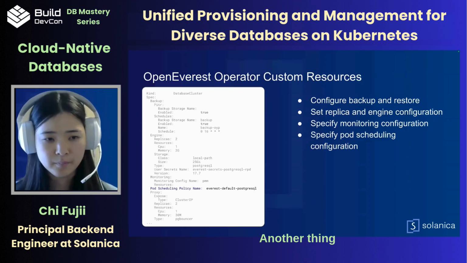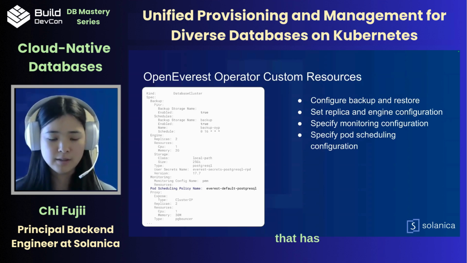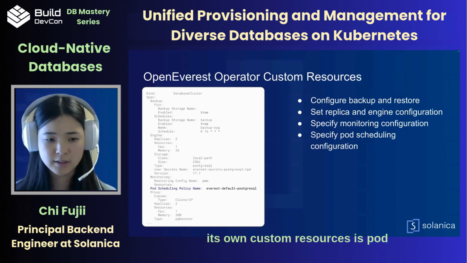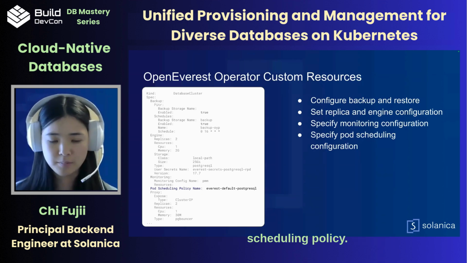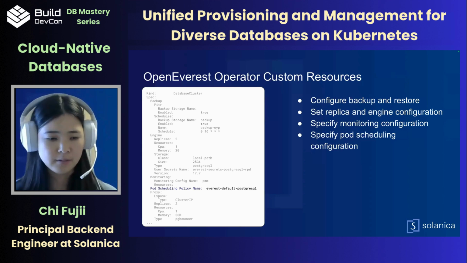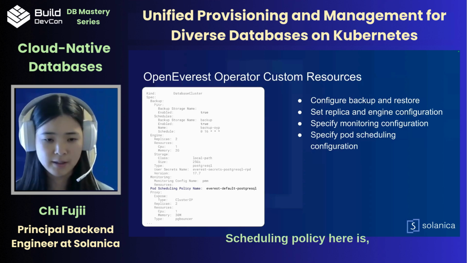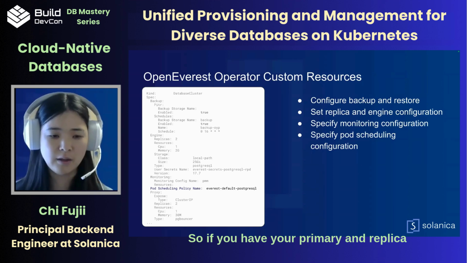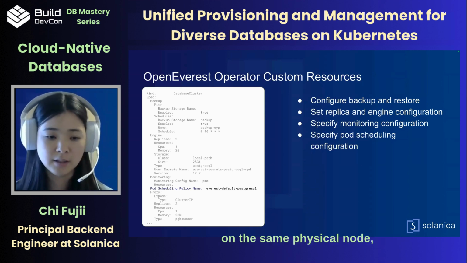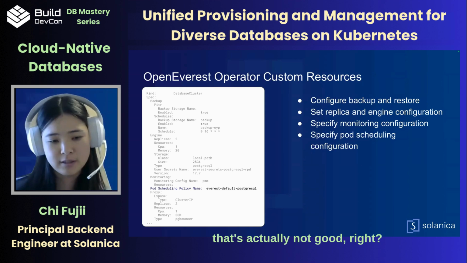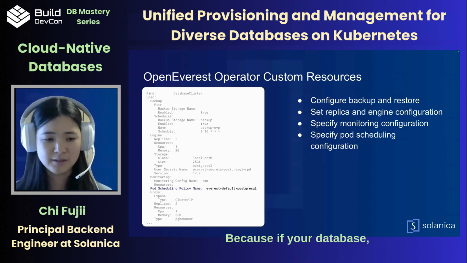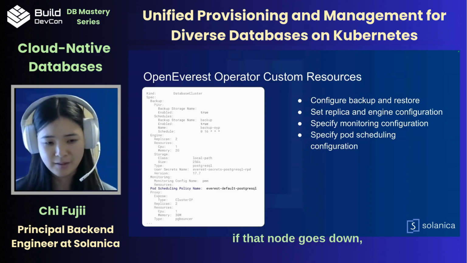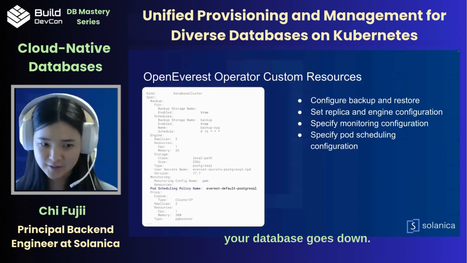Another thing that has its own custom resource is pod scheduling policy. Pod scheduling policy here is like anti-affinity rules. So if you have your primary and replica on the same physical node, that's actually not good, right? Because if that node goes down, your database goes down.